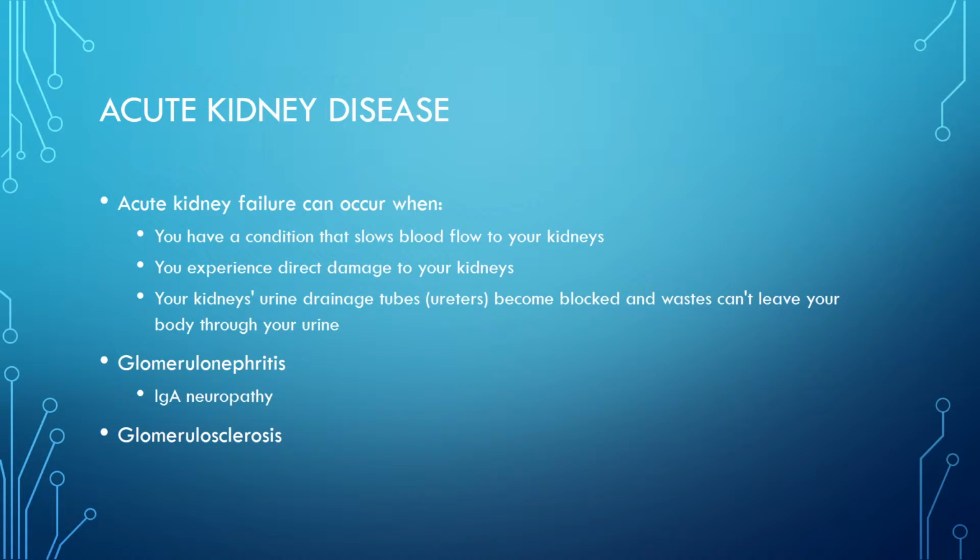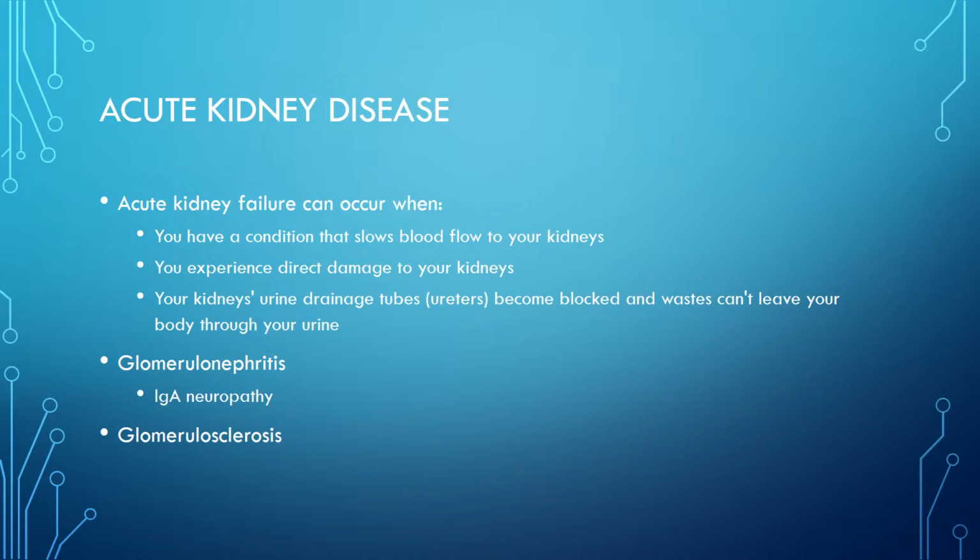So acute kidney disease occurs when your kidneys suddenly become unable to filter waste products from your blood. Your kidneys lose their filtration ability, and dangerous levels of waste may accumulate, and your body's chemical makeup may get out of balance. So acute kidney disease develops rapidly over a few hours or even a few days.